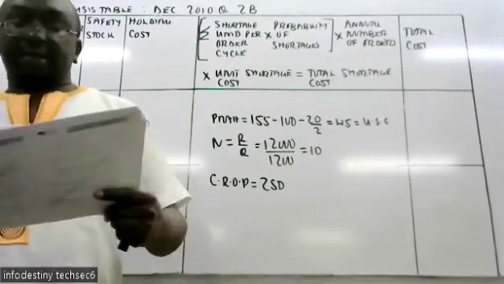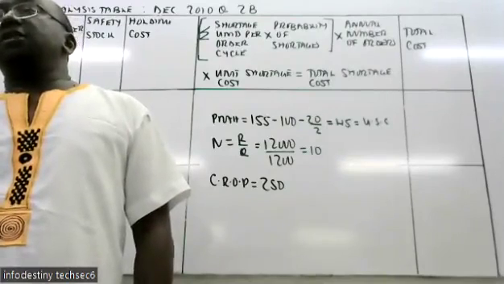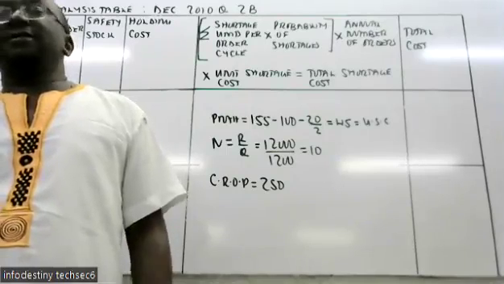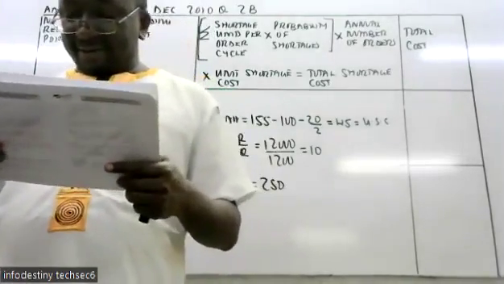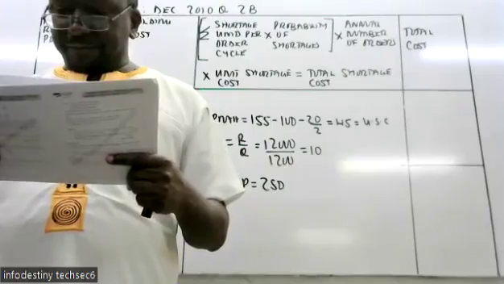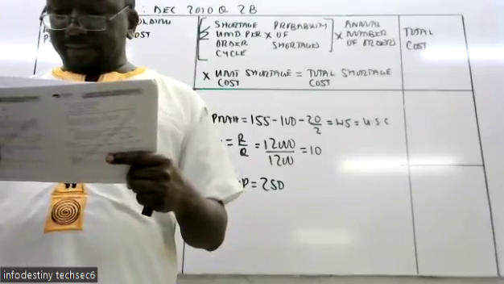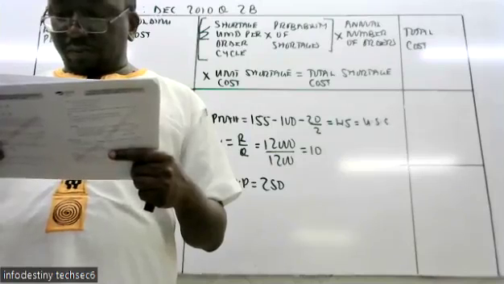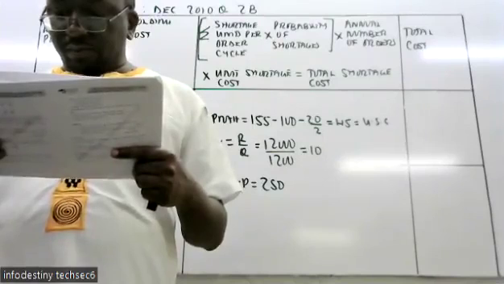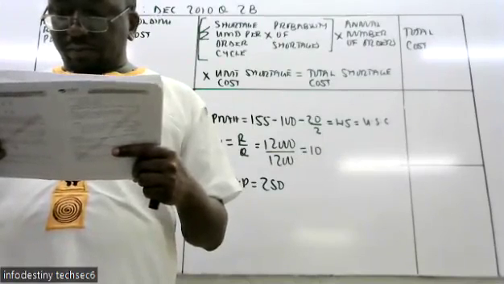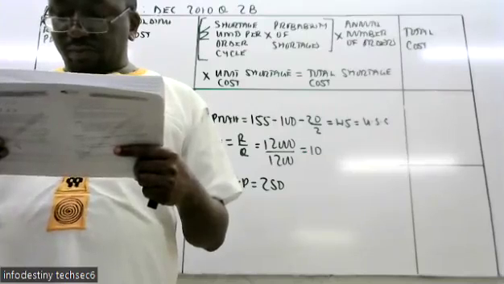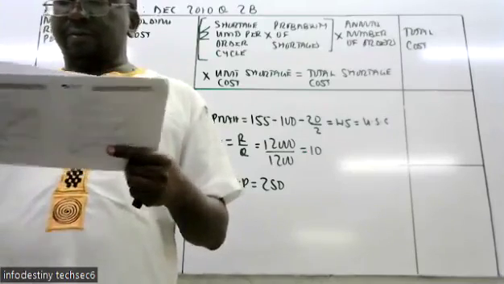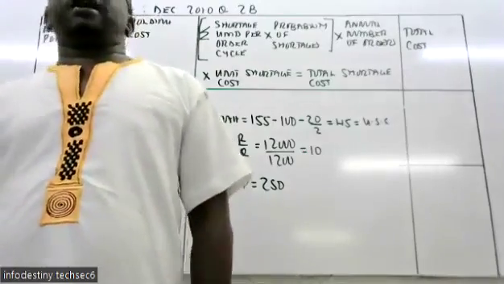Can you interpret that 30? Those 30 units are for how long?